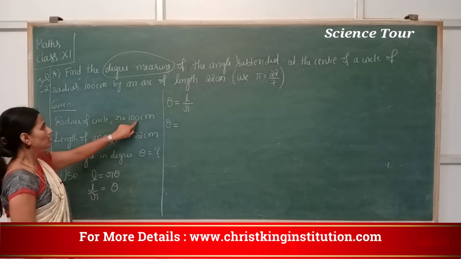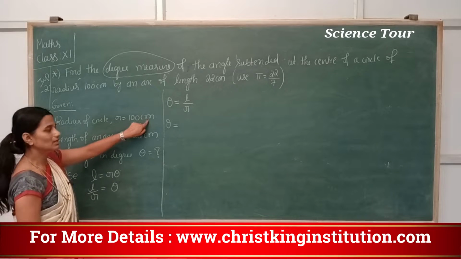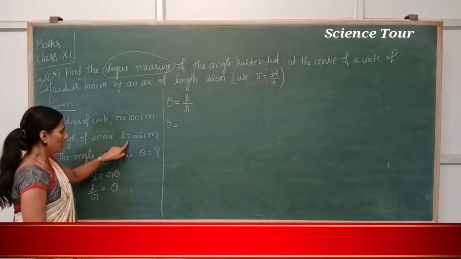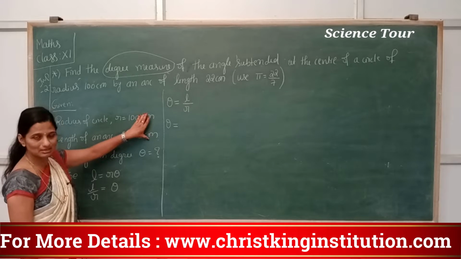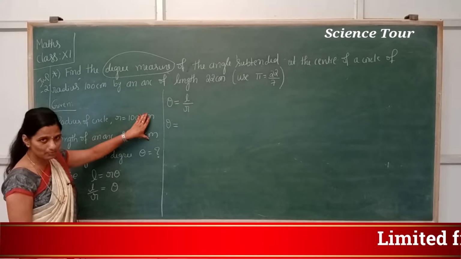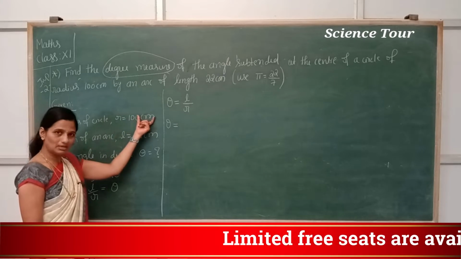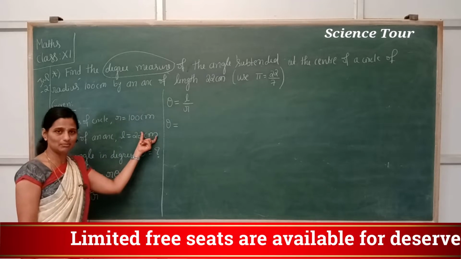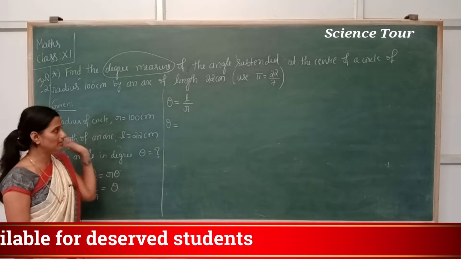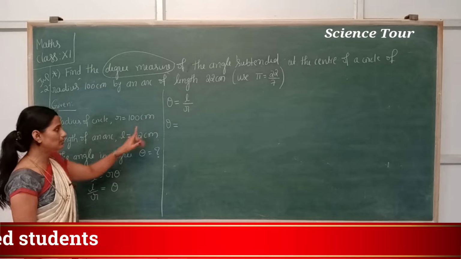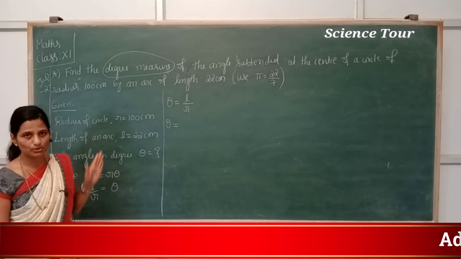See the unit: radius is in centimeter, and length of arc is also in centimeter, so both are in the same unit. If one is in meter and the other in centimeter, you should change to the same unit. Remember that. But here it is centimeter, so no need of conversion.